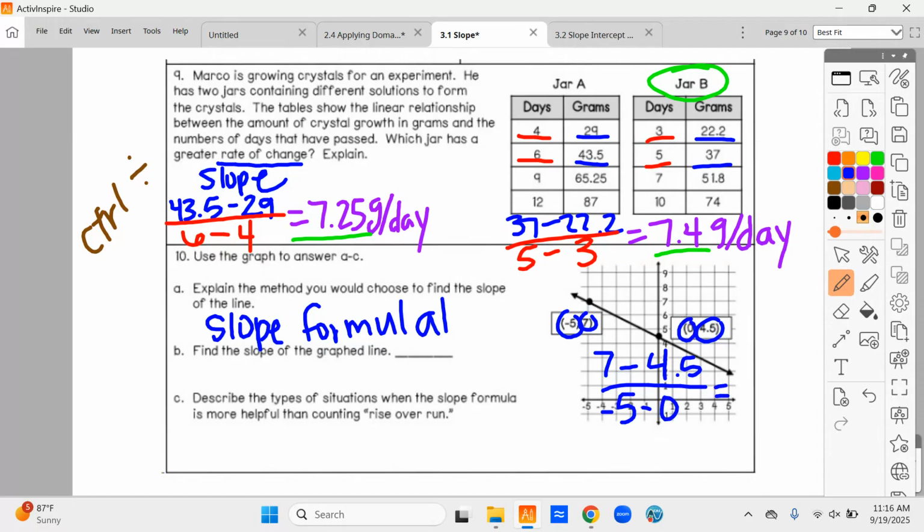Okay, 7 minus 4.5 would be 2.5 over negative 5, which would reduce to negative 1/2.